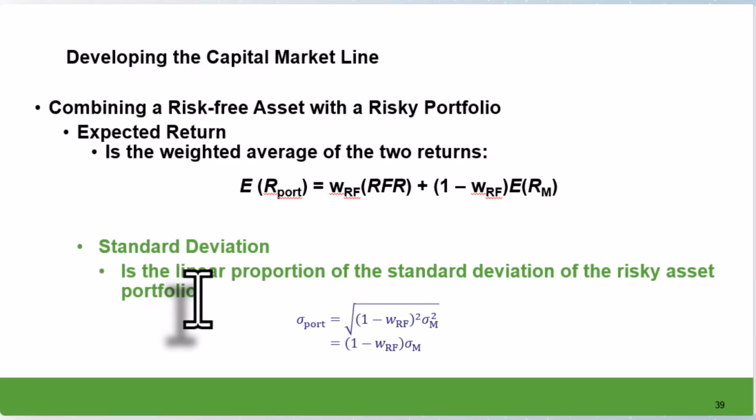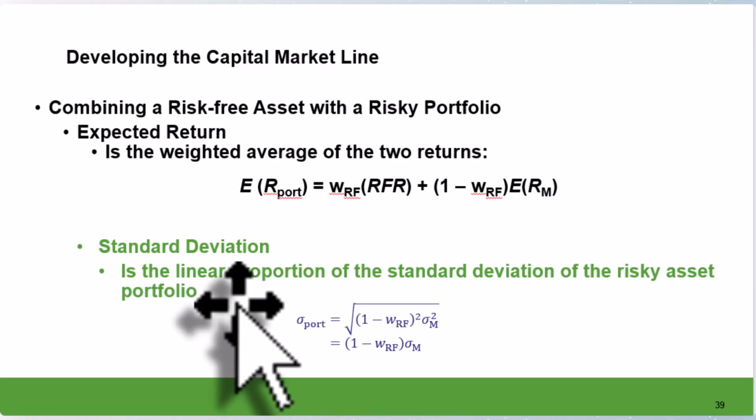How do we calculate standard deviation? If you remember, we had a previous standard deviation formula that had the correlation between the two assets in the portfolio. In this case, because one of these assets is the risk-free asset, the correlation is zero.